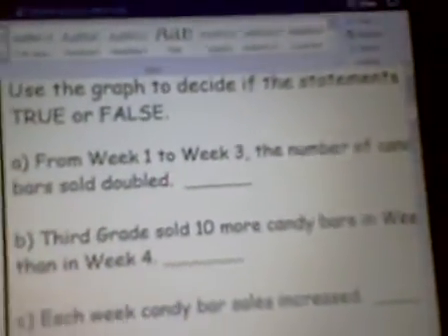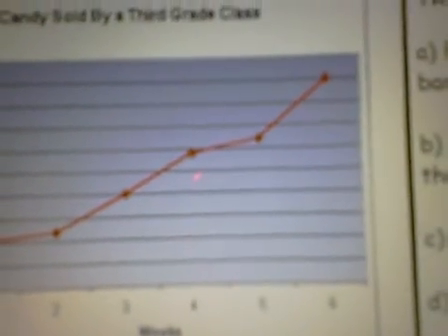B, third grade sold 10 more candy bars in week 5 than in week 4. So, I'm going to look at my data for week 4. It's right under 30 candy bars. So I'm going to say that's like 29 candy bars. And week 4 was 29. Week 5 was right above 30.